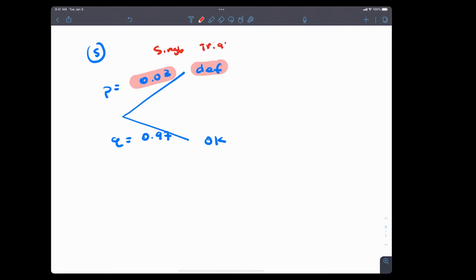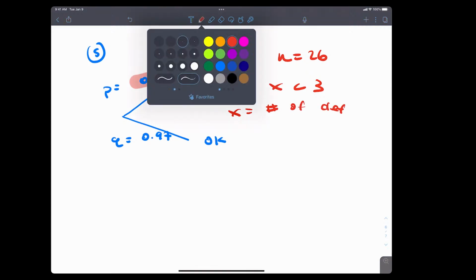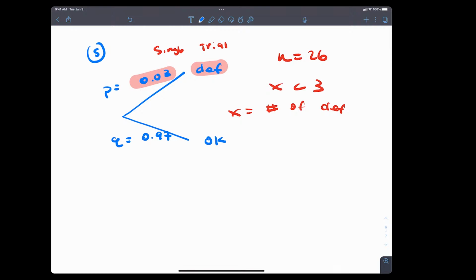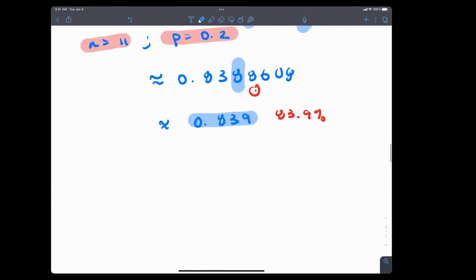Now, remember, n is 26. You're going to test 26 components. Fewer than 3 defective is what you accept the batch on. You have X as the number of defective components. So let's read the final question, number 5.